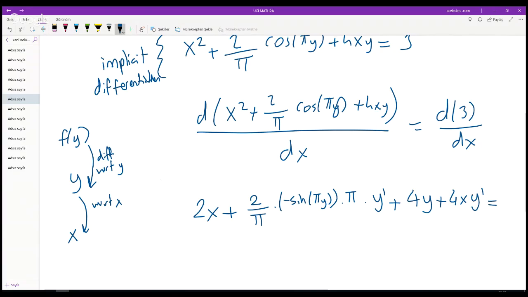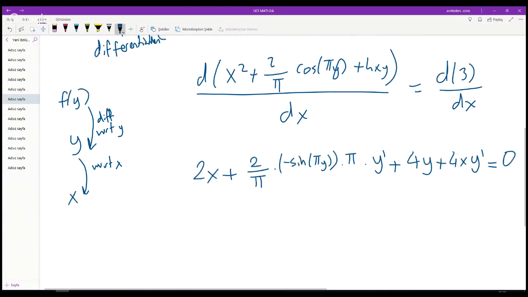Any answers? So I need to differentiate 3 with respect to x. What is the answer? It is 0, because 3 is a constant, so it doesn't change. So its derivative with respect to anything is, of course, 0.